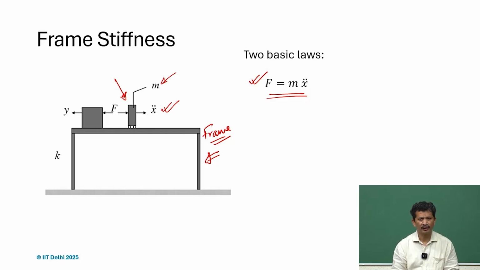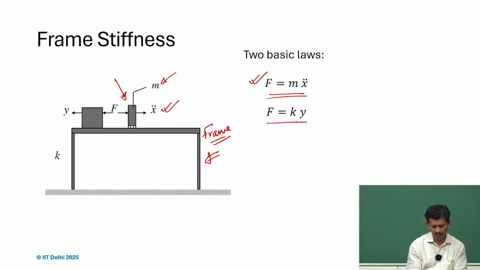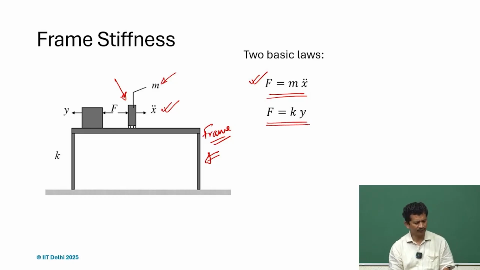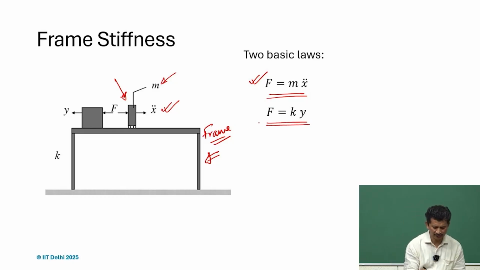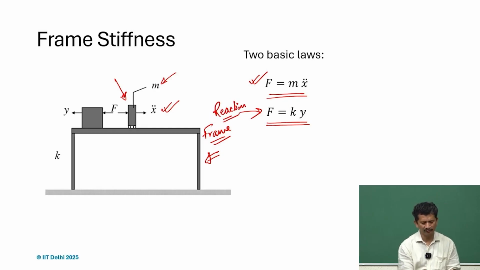So, this is the actuation force, but we also have to understand from where we get that actuation force. We get that reaction force. This is the reaction force provided by the frame, and this is the required actuation force provided by the motor.